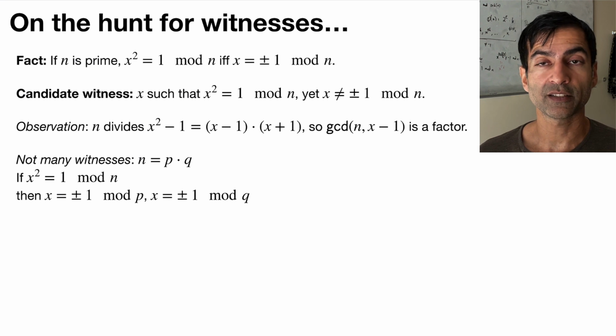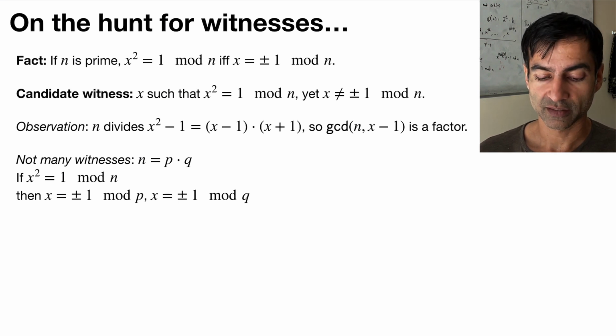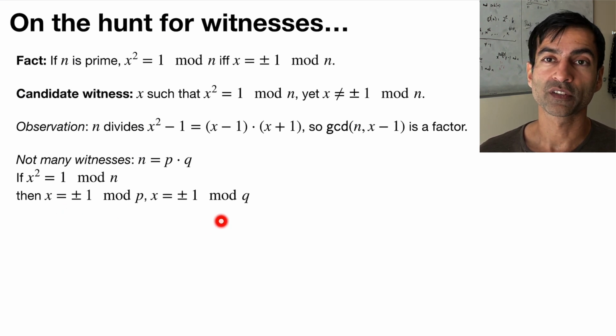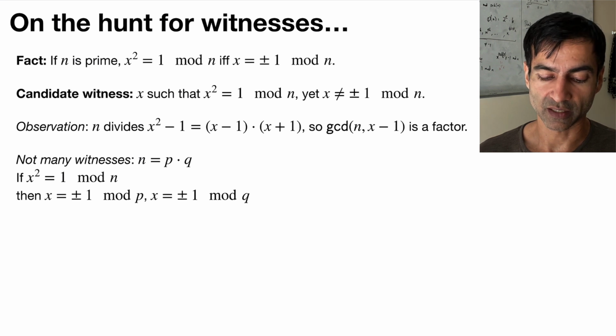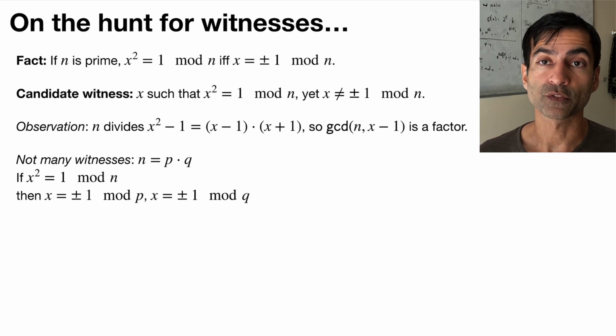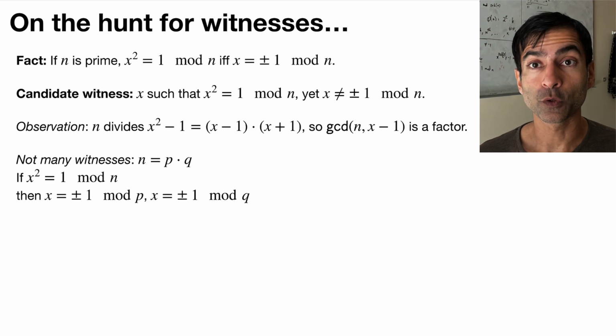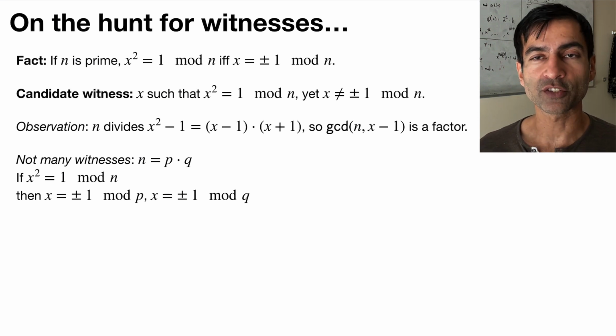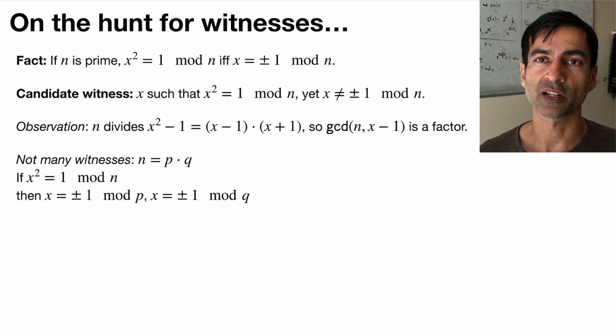And by the Chinese remainder theorem, this leads to only 4 possible values for x. 2 of them are plus 1 and minus 1, so there are actually only 2 interesting values which are not plus 1 and minus 1. So there are not many witnesses of this type.